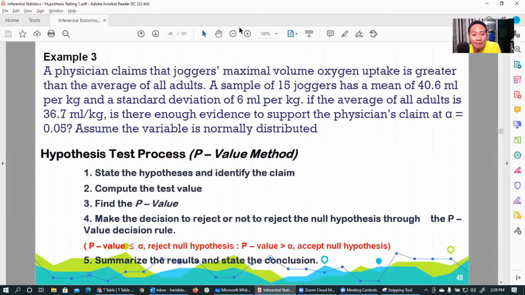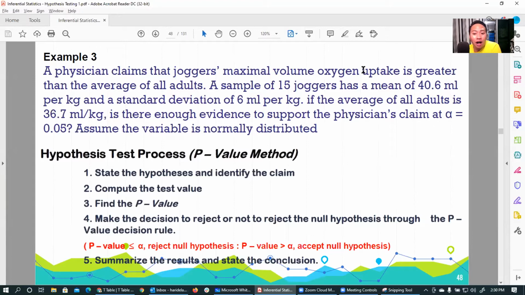A physician claims that joggers' maximal volume oxygen uptake is greater than the average of all adults. A sample of 15 joggers has a mean of 40.6 ml per kilogram, and a standard deviation of 6 ml per kilogram.